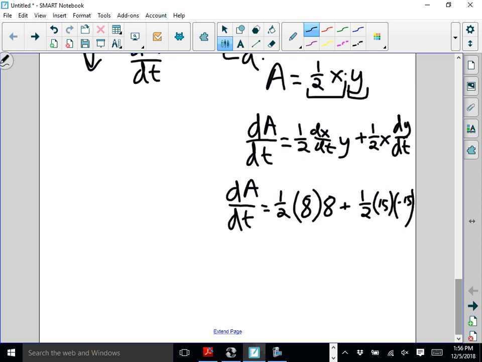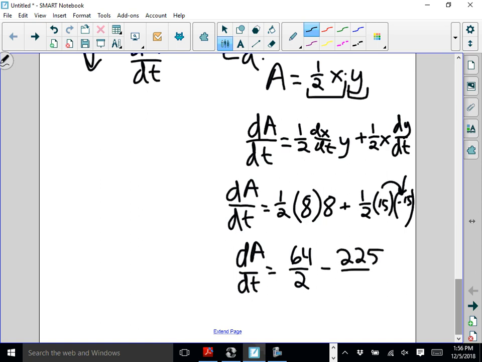Now 8 times 8 is 64 and half of 64 is 32, but I'm not going to be able to cut 225 in half because it's an odd number. So I'm going to leave this as 64 over 2. And again, remember this negative right here is going to turn this into a subtraction problem, minus 225 over 2.